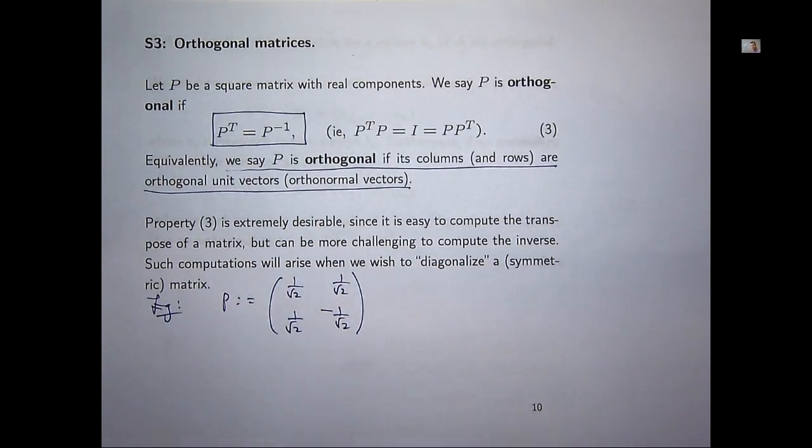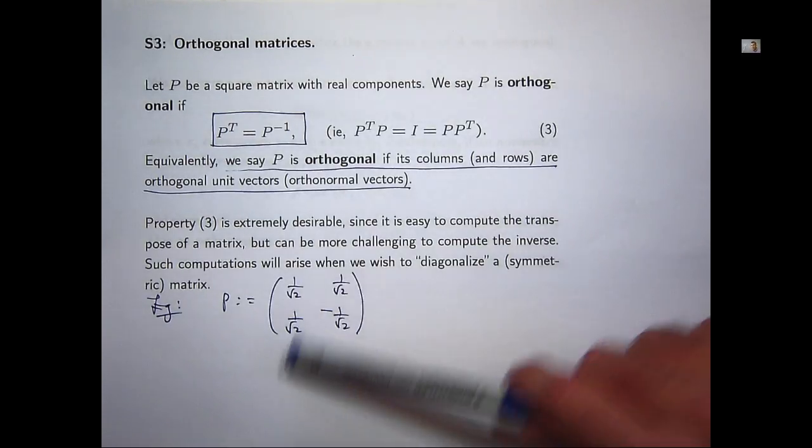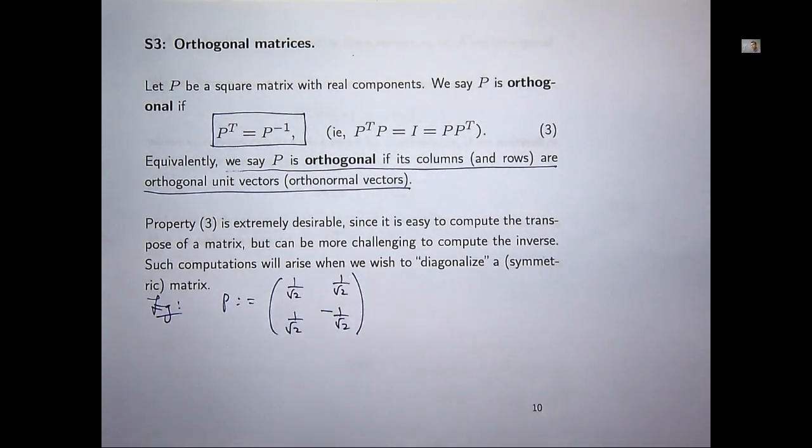This is an orthogonal matrix. If you look at the columns, they have length 1. And if you look at the dot product between this column and this column, it'll be 0. So that's a matrix that is orthogonal.